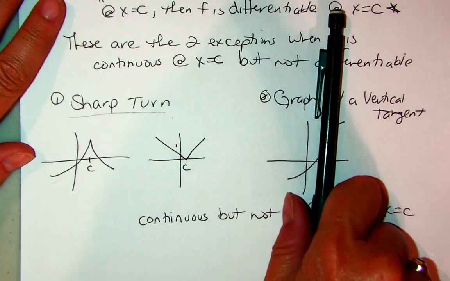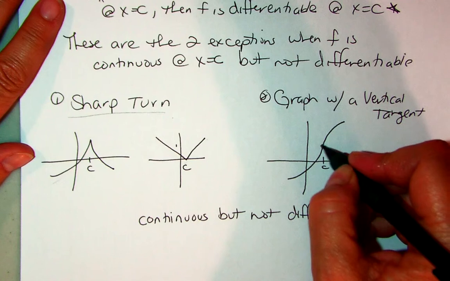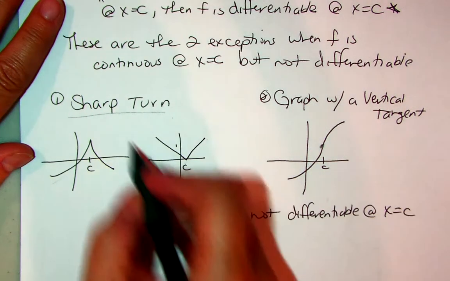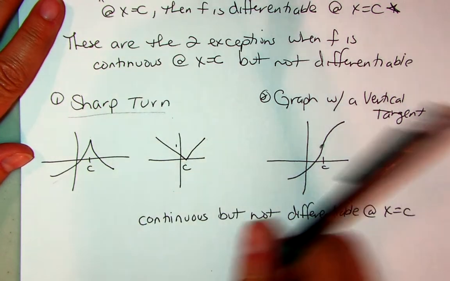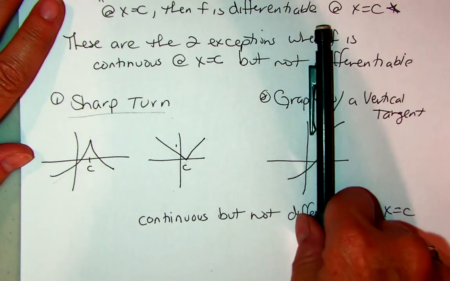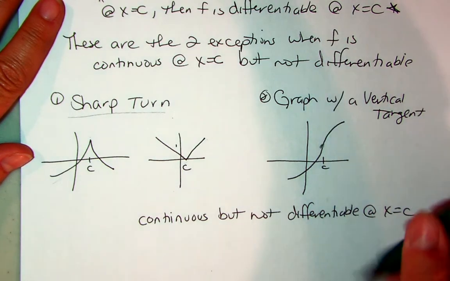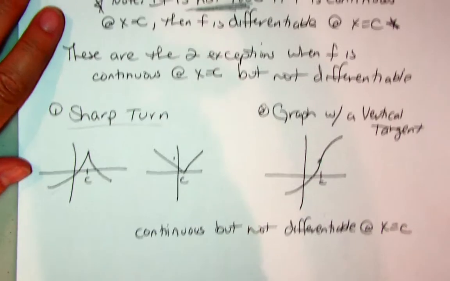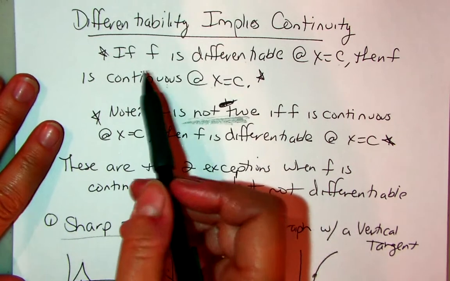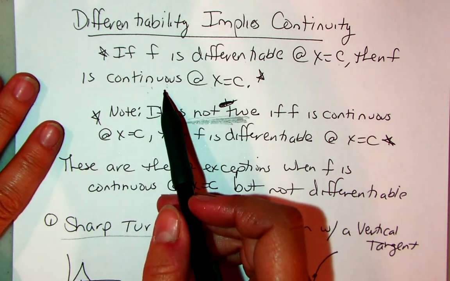That is undefined. I am unable to take the derivative of this. So I cannot take a derivative when there's a sharp turn, and I cannot take a derivative at a point where the slope of the tangent line is undefined, in other words, vertical. So even though these are continuous, they are not differentiable. But if f is differentiable, then f is also always continuous.